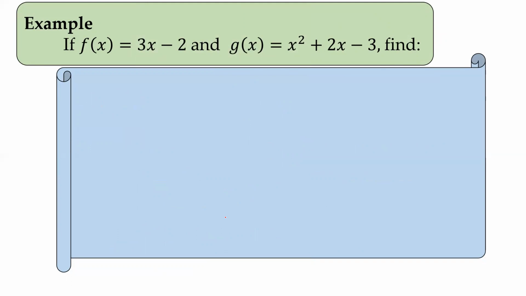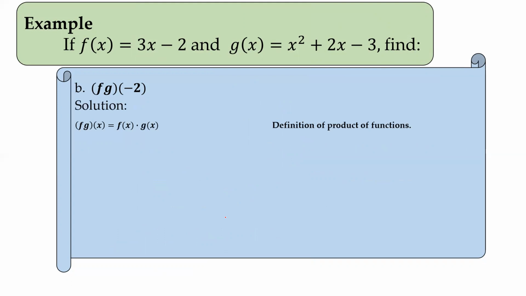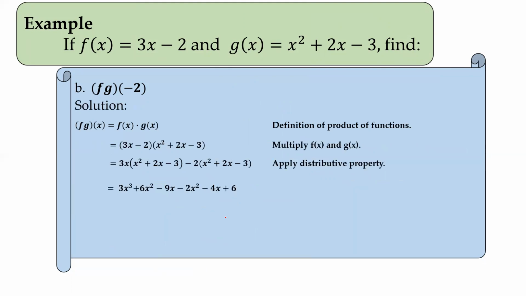What if from that result in the previous slide, we have to evaluate? So, what if papalitan na natin ang x ng negative 2? So, we will have, again, papakita ko lang kanina kung ano yung result kanina. The result earlier is 3x cubed plus 4x squared minus 13x plus 6.